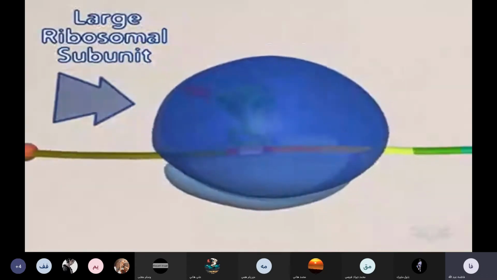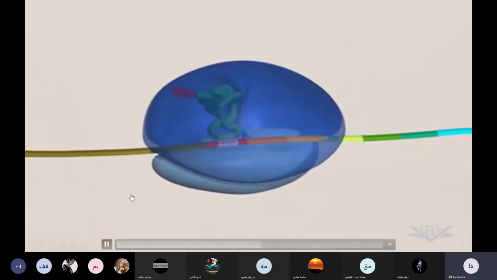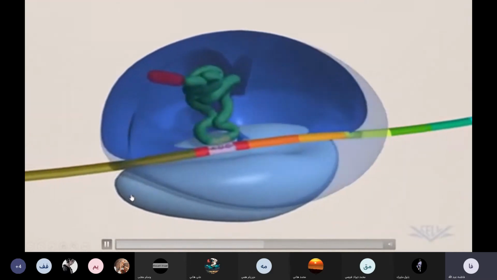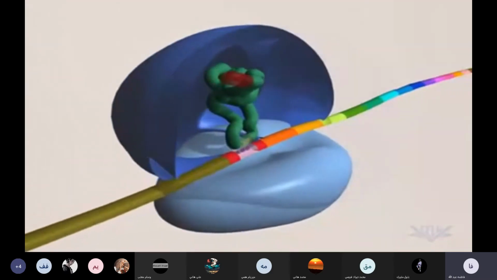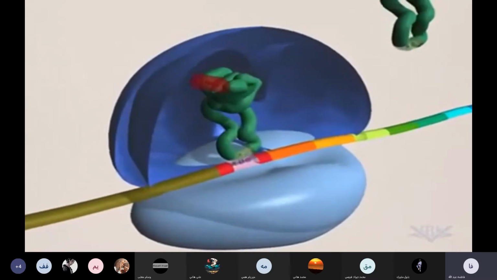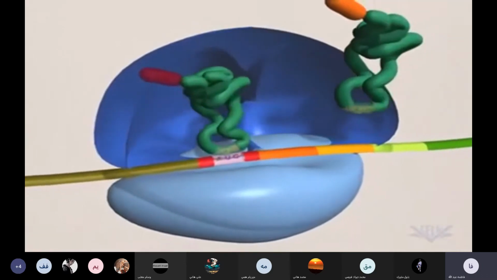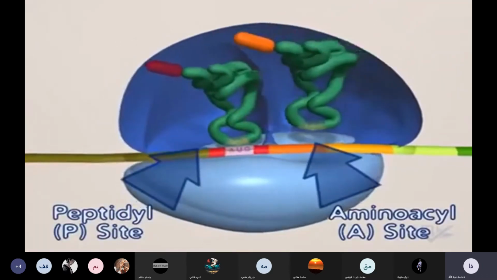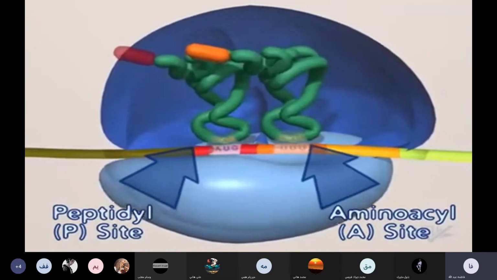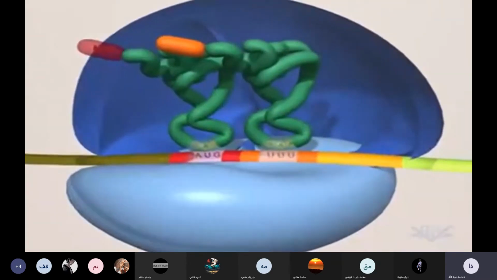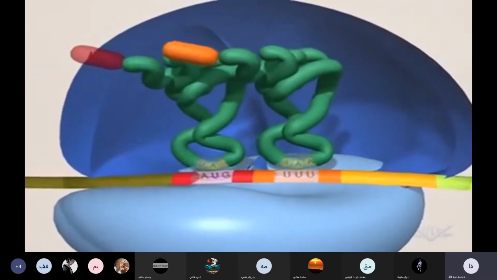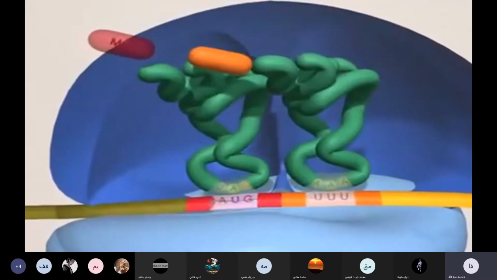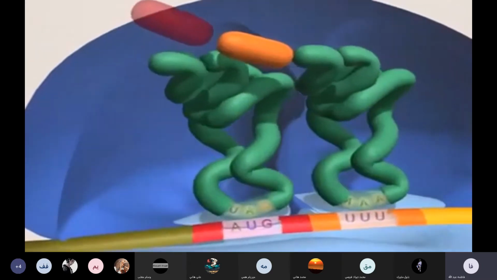The large subunit of the ribosome now binds to create the peptidyl, or P site, and the aminoacyl, or A site. The first tRNA occupies the P site. The second tRNA enters the A site and is complementary to the second mRNA codon. The methionine is then transferred to the A site amino acid.